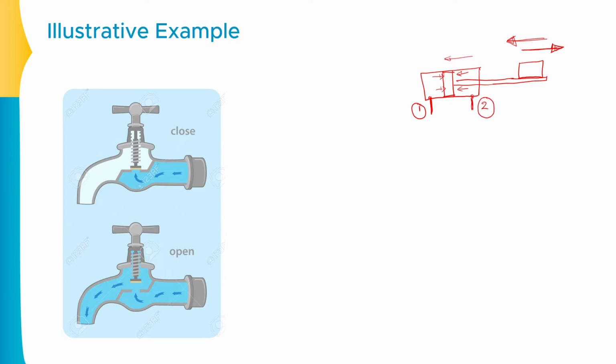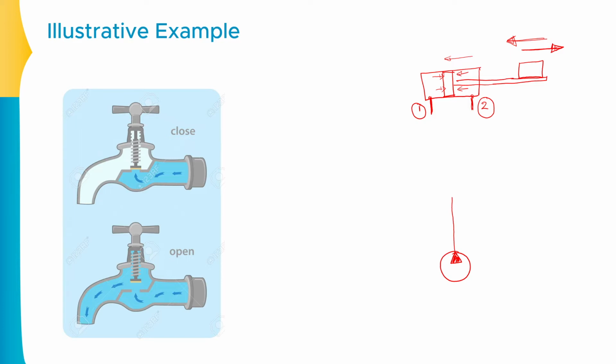Now normally the hydraulic system has only one pump. This pump will produce the pressurized fluid, or say it will give the output of the pressurized fluid.